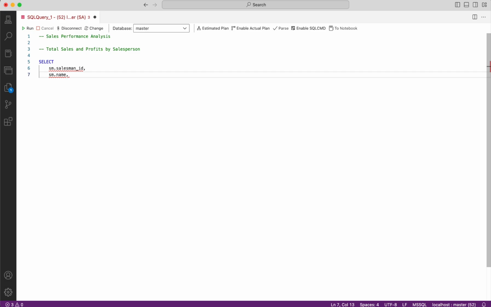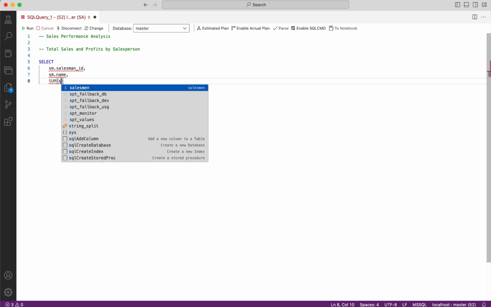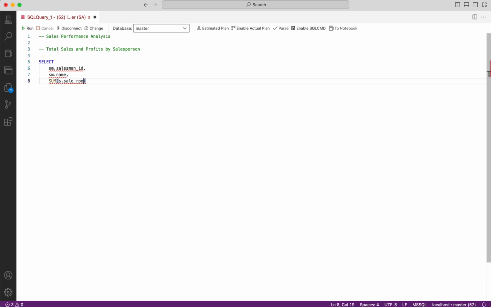So salesman ID column and name column from the salesman table. We're also going to get a sum of the sale price from the sales table and give it an alias of total sales.